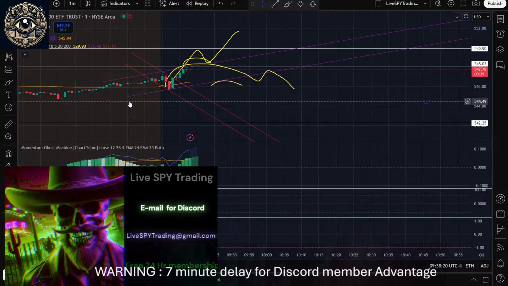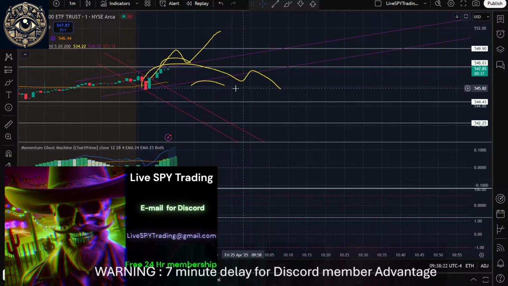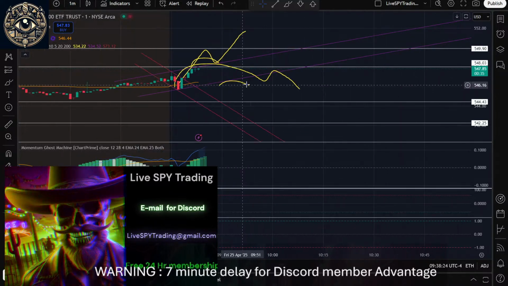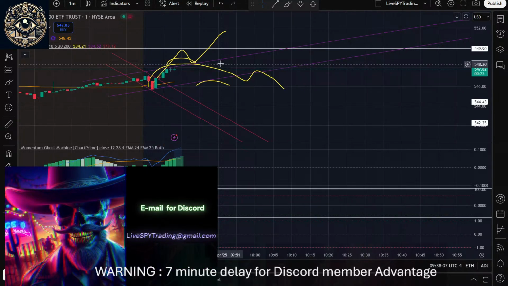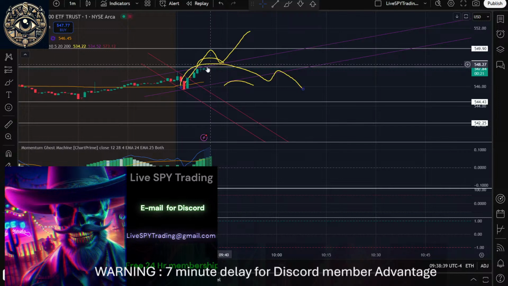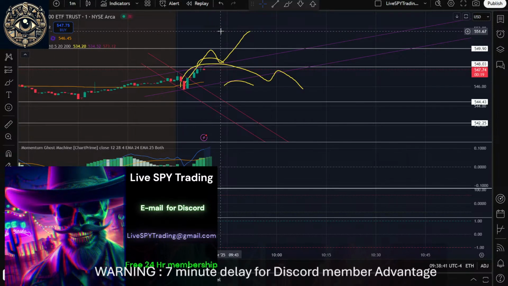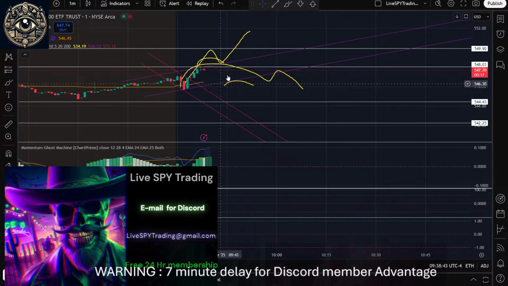First key level test. A little bit of hesitation. Let's see if we get two red candles and then a green candle for continuation to stay inside the purple.